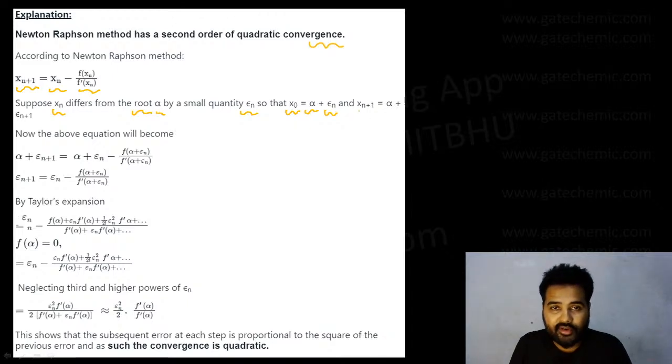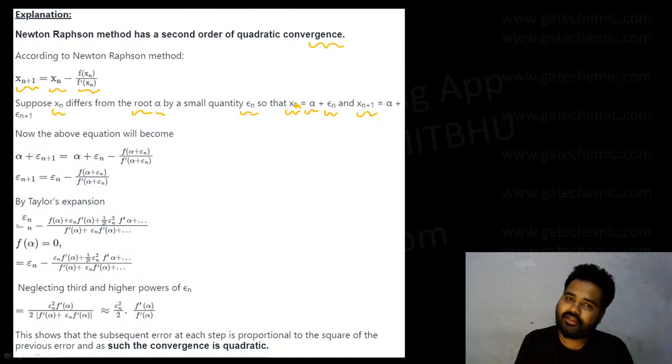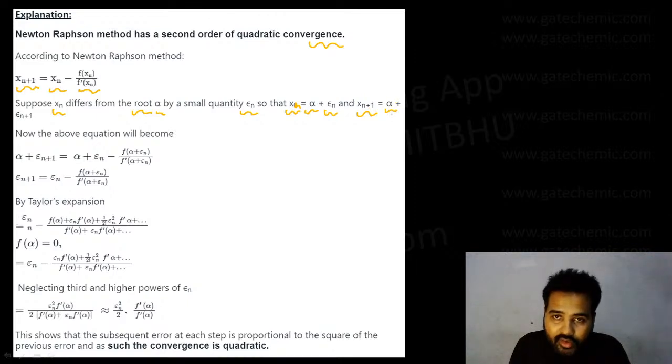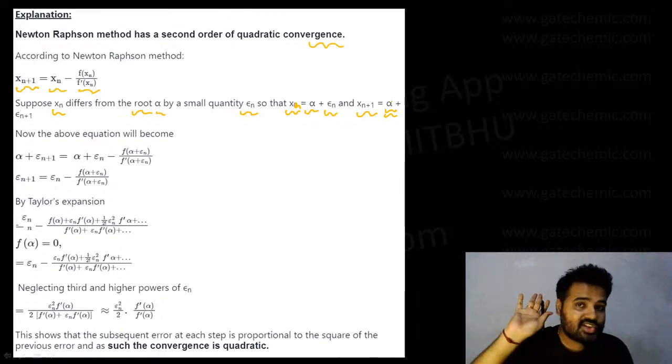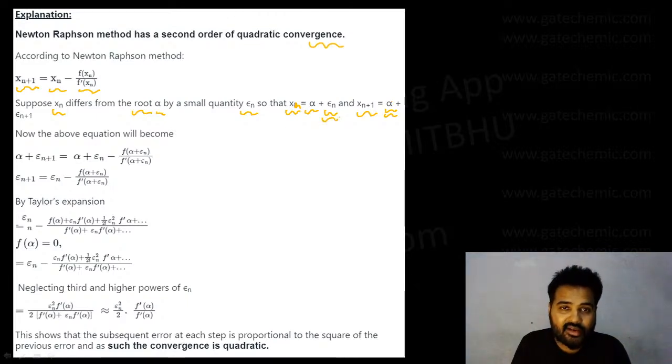Similarly, you can write for x_{n+1}. This is not x, no, this is x_n. Okay, this is x_n. So x_n equals alpha plus epsilon_n. Similarly, x_{n+1}, that means the next better approximation. Now the error will not remain as it was before. Now the error will change. So this time the new error is epsilon_{n+1}.